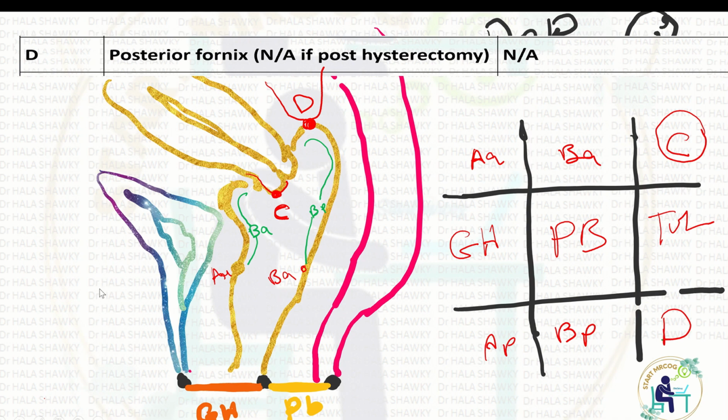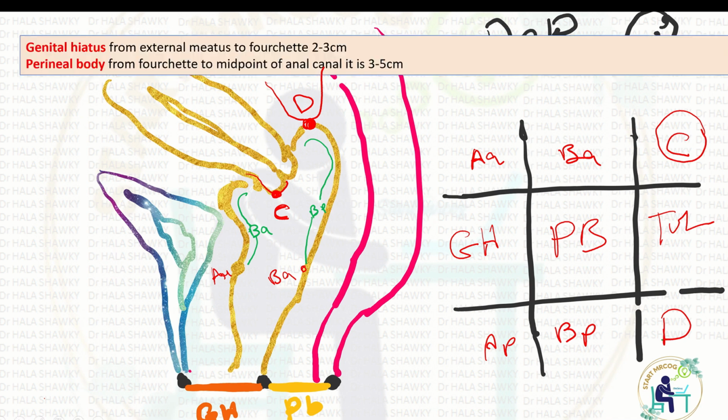The next point will be the genital hiatus and the perineal body measurements. Genital hiatus will be from the mid-urethral point, from external urethral meatus to the fourchette, from here to here. So normally it is between 2 to 3 cm. And the perineal body from the fourchette to the midpoint of the anal canal, and it is between 3 to 5 cm.